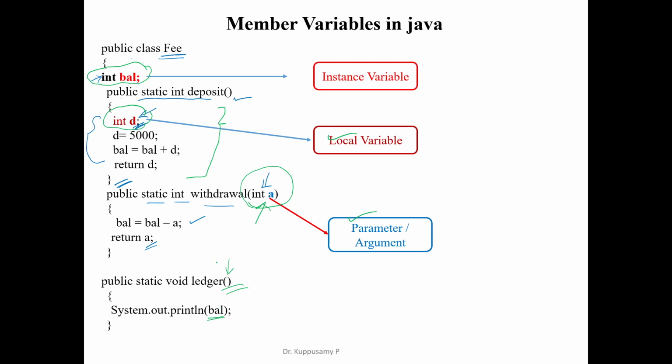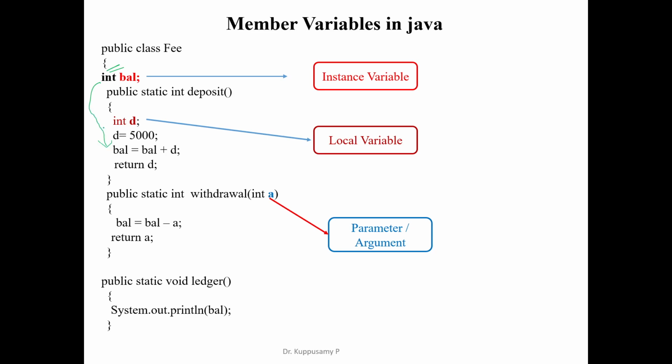Here you look at one of the differences. The balance is defined inside the class, not inside any method. So this balance can be used here, here, and here also. So it is common.